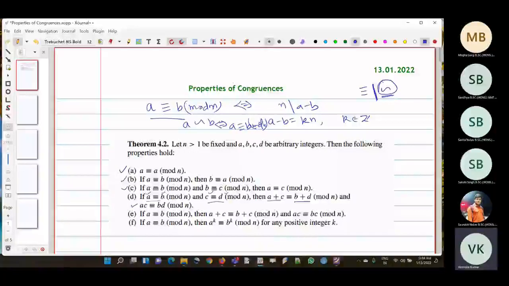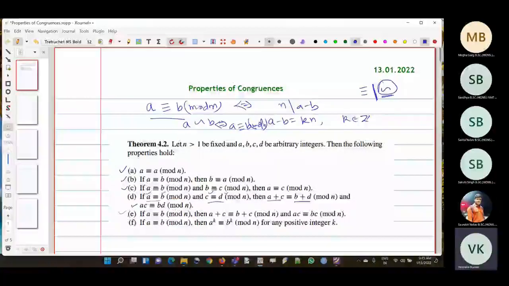So if A is congruent to B and C is congruent to D, then A times C is congruent to B times D modulo n. So sum and product side by side are implied if we have two congruences.